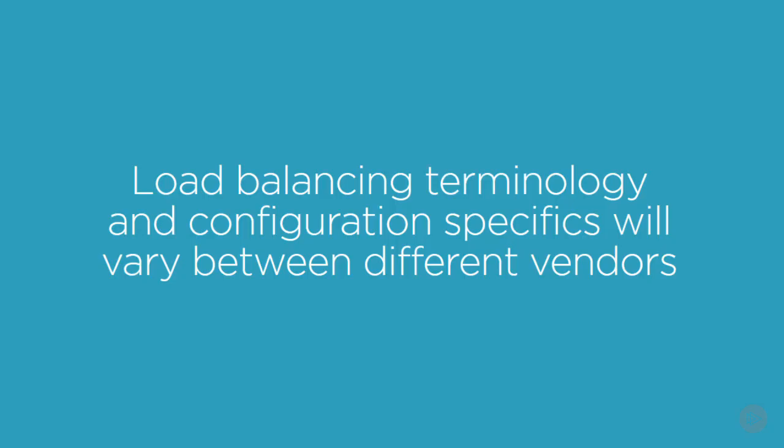As we go through this module, just please remember that load balancing terminology and configuration specifics will vary between different vendors. So different vendors that are making load balancing hardware and load balancing virtual appliances sometimes call the same thing two different names. So if you're used to seeing one particular term in the market or in technical documentation, I might use a slightly different term when really we're both talking about the same thing.